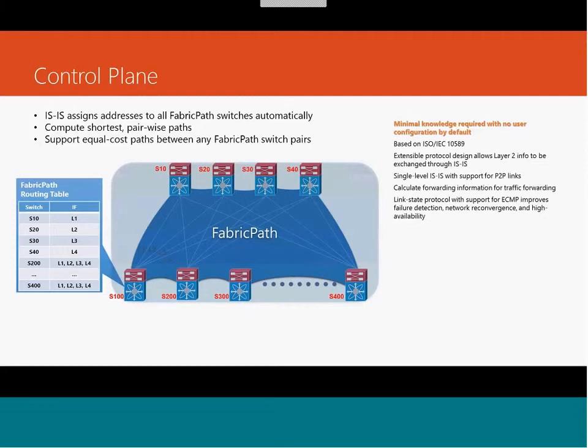So ISIS, using its link state features and algorithm, provides you with the ECMP features and all the paths that are available to reach a certain destination.